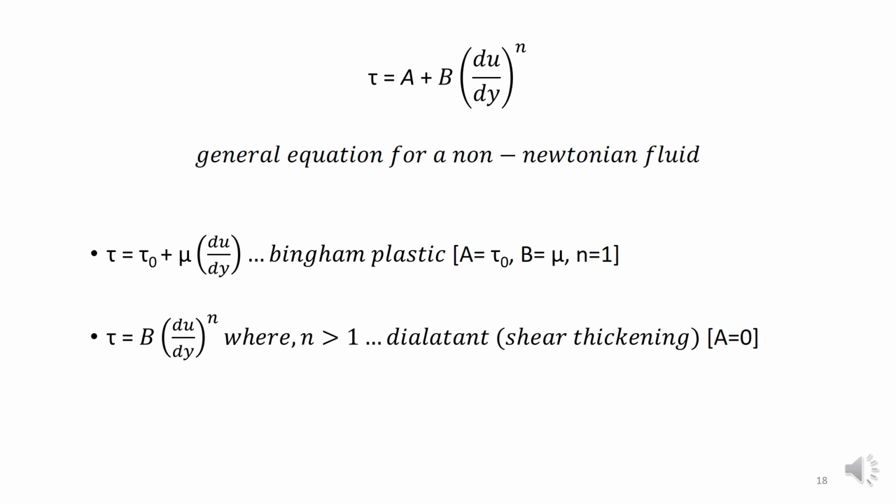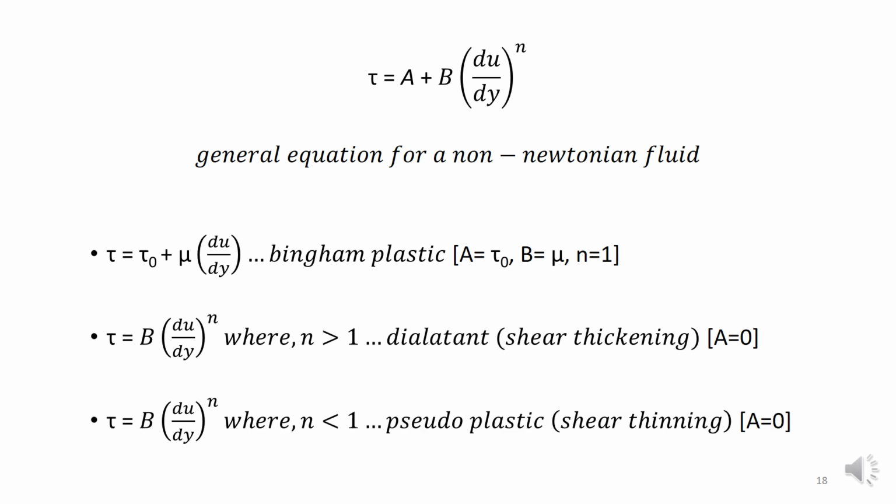In the second case, for shear thickening fluid, the value of A will be equal to 0, the value of B will be equal to mu, and the value of n will always be greater than 1. In the third case, for shear thinning fluid, shear stress will be equal to B into (du by dy) raised to n, where the value of n will always be less than 1, and the value of A, according to the general equation, will be equal to 0 in this case also.